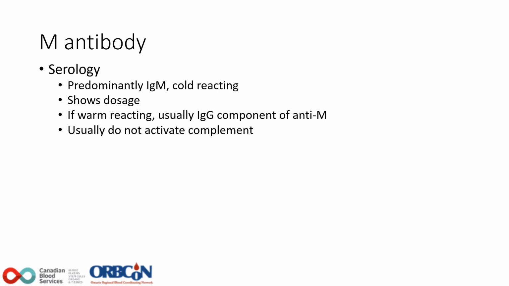It's predominantly IgM and cold reacting, which means it reacts at immediate spin. It does show dosage, so if you're M positive, N positive, or M positive, you'll get, let's say, 1 plus reactivity here, and you might get 3 plus reactivity here. If it's warm reacting, it's usually an IgG component of anti-M.